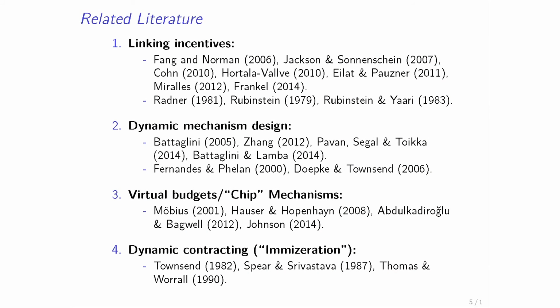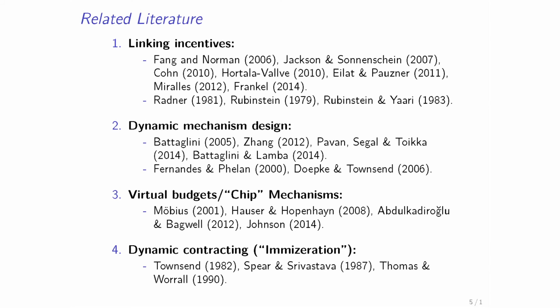Now, our paper is related to a large literature, and for the sake of time, I will focus on three papers. The first paper is by Jackson and Sonnenschein. They solve for an asymptotically optimal mechanism in this kind of environment. Let's go back to the patient and nurse example. If this patient lives in this hospital for 100 days, and in every period his condition is equally likely to be severe or mild, a very natural way to discipline this agent is to give him 50 tokens.